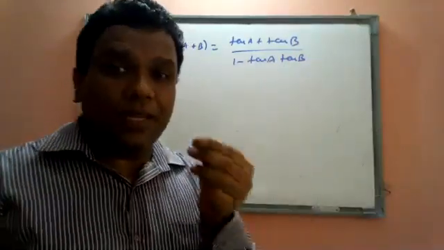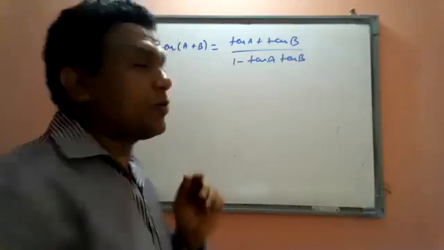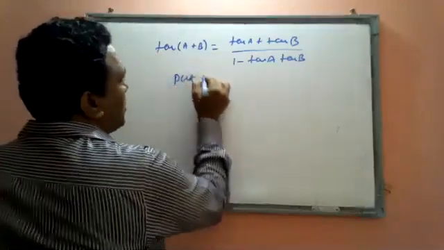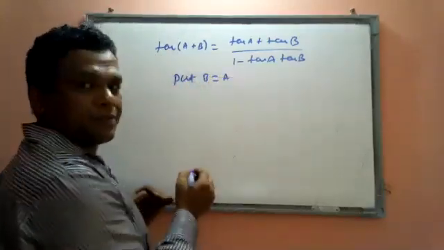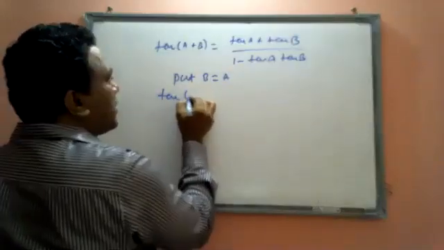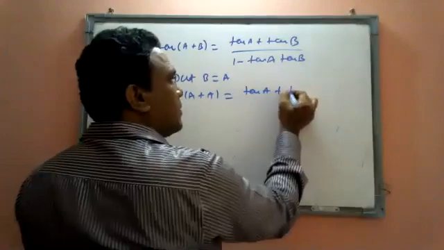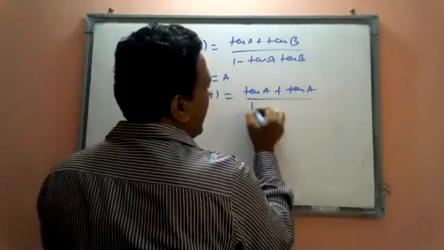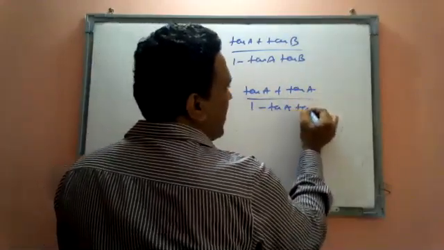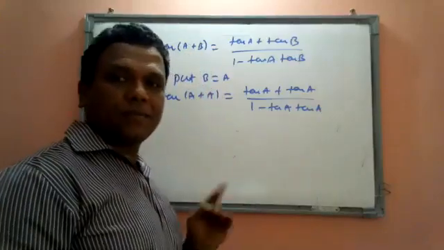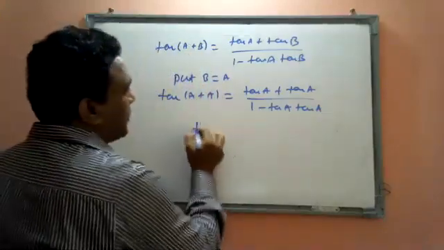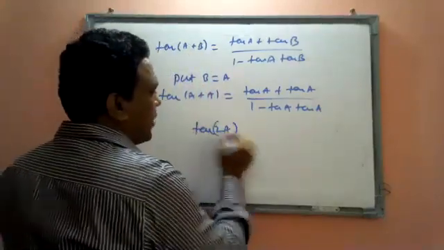Repeat the same procedure like what I did for sin 2a and cos 2a. Just put b equal to a. So the left hand side, tan of a plus a, is equal to tan a plus tan a divided by 1 minus tan a multiplied by tan a. So the left hand side will be tan 2a.